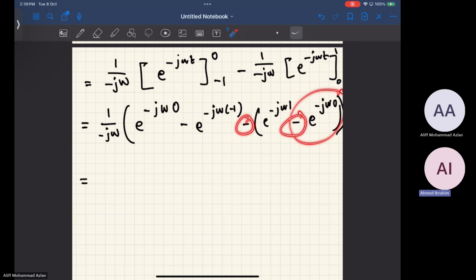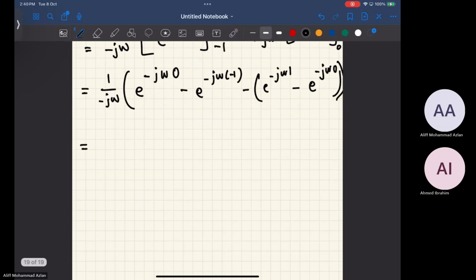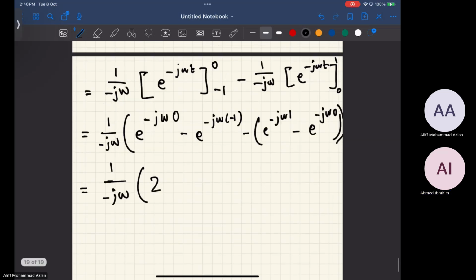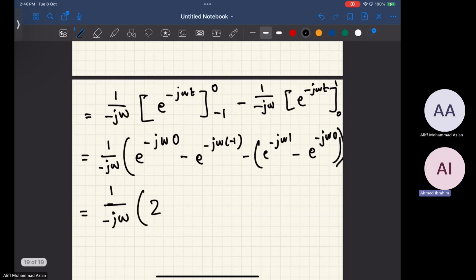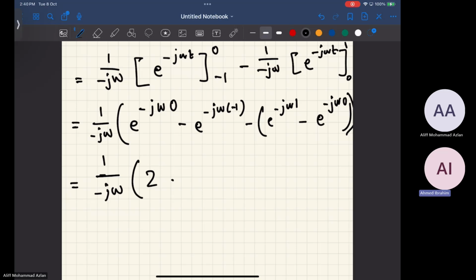This is a plus, so we have e to the 0 is 1, so 1 plus 1 gives us 2. 1 on minus j omega. We have a 2, and then we have the other terms, so minus e to the j omega minus e to the minus j omega.